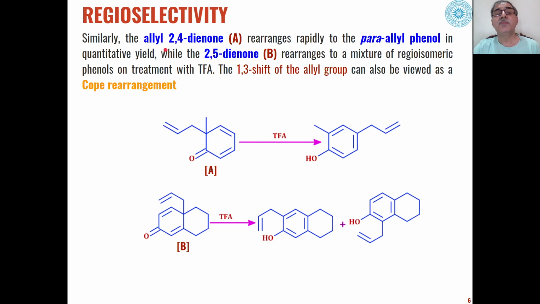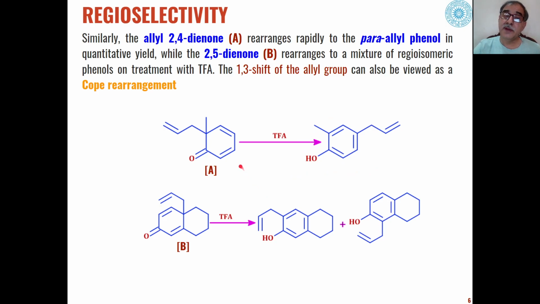Then some more examples of regioselectivity are when we are having these types of substrates, allyl 2,4-dienones, and in presence of trifluoroacetic acid, the dienone phenol rearrangement takes place in such a way that instead of a 1,2 shift, a 1,3 shift of the allyl group will take place, and we will get these types of phenols as the product.